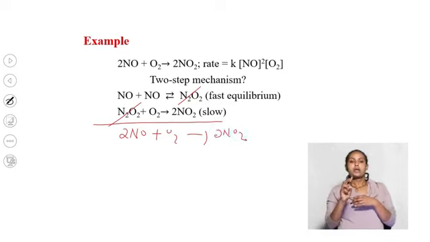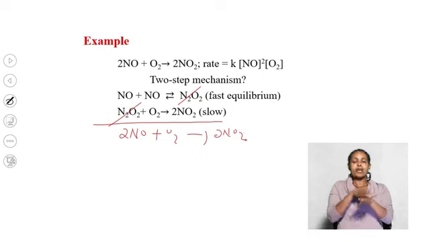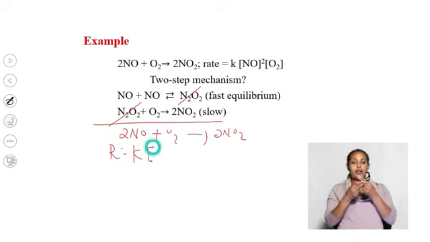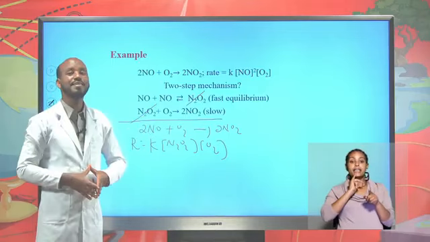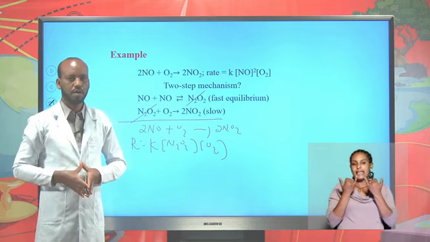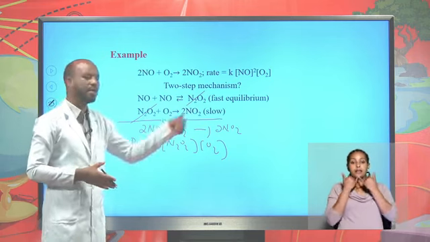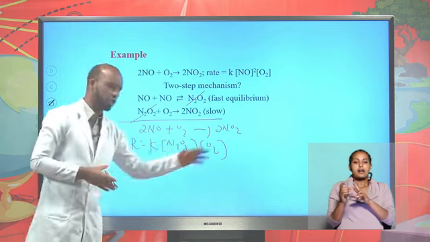The slowest step is the rate determining step. Therefore, the rate of this reaction equals k times the concentration of N2O2 times the concentration of O2. But N2O2 is an intermediate. Intermediates do not appear in the rate law expression.